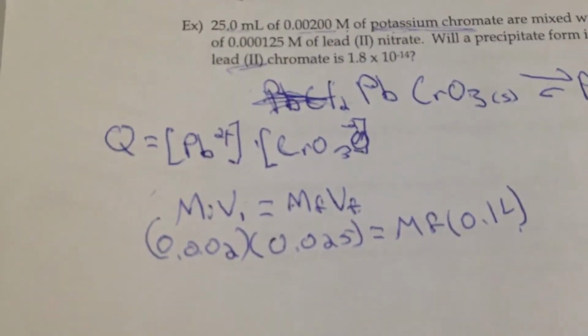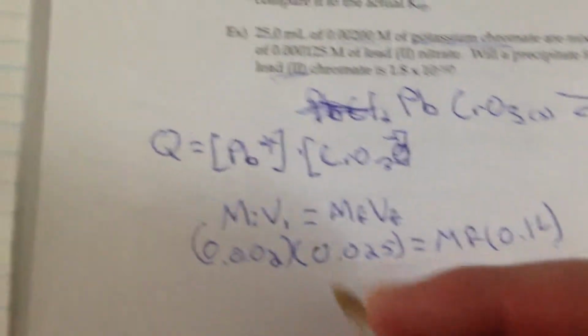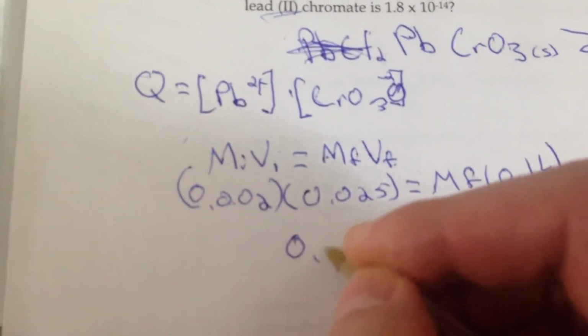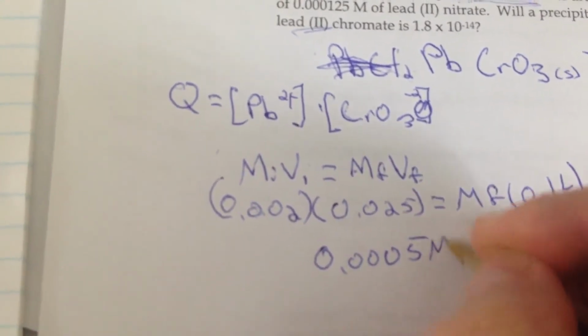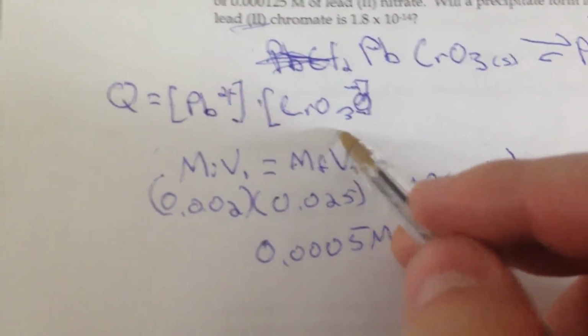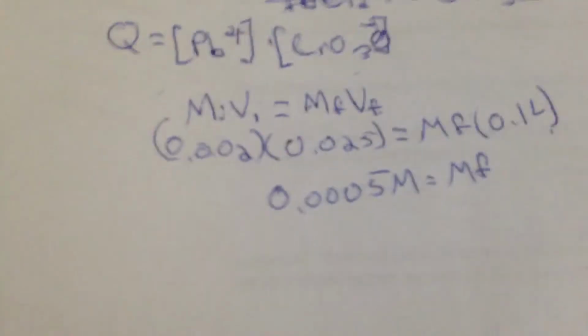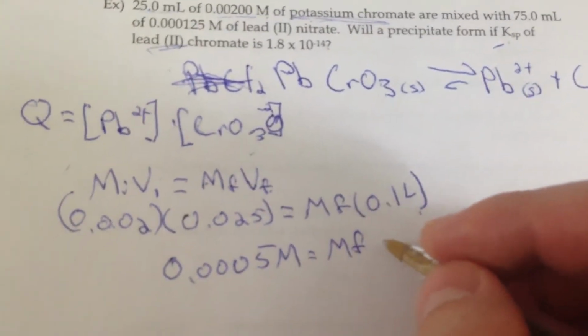Now we just move that around, multiply these two together, and divide by 0.1. That's going to leave me with 0.0005 molarity for my concentration of CrO3.